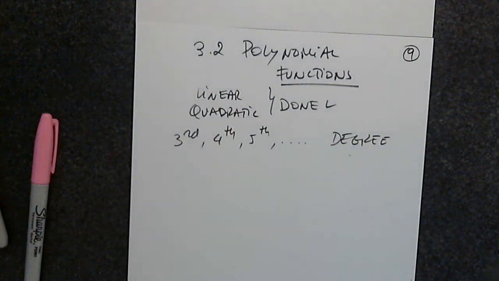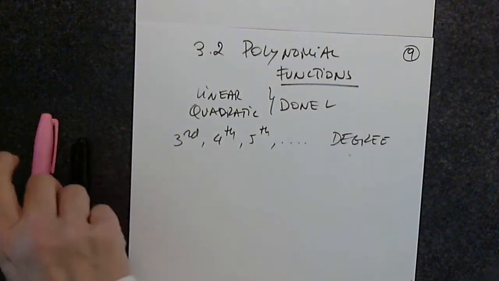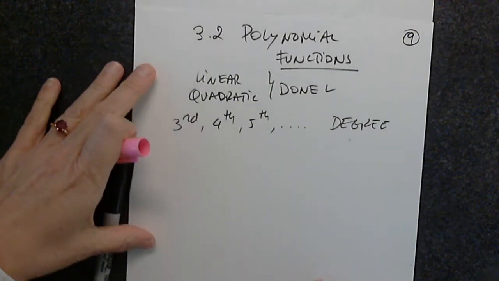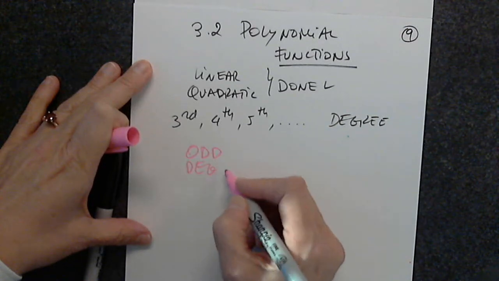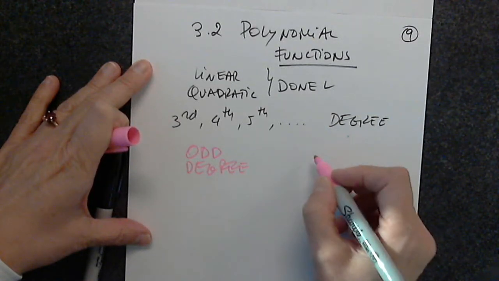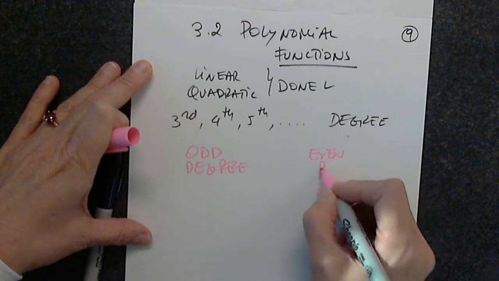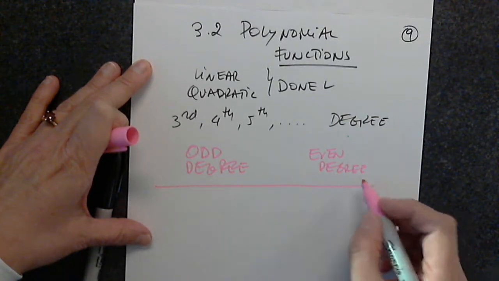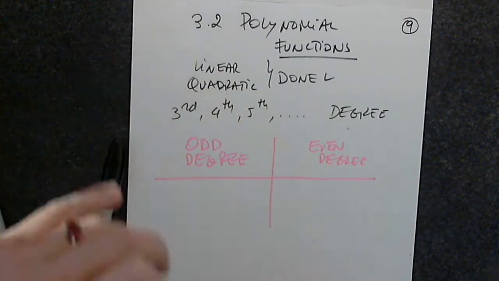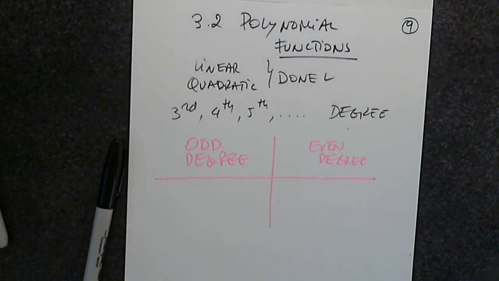Higher degree than 1 and 2. So there are basically two categories: odd degree and even degree. I am not talking about odd or even functions. I'm specifically talking about the degree of the polynomial function, which has nothing to do with symmetry of odd and even.